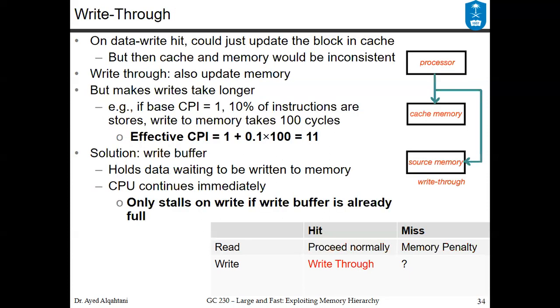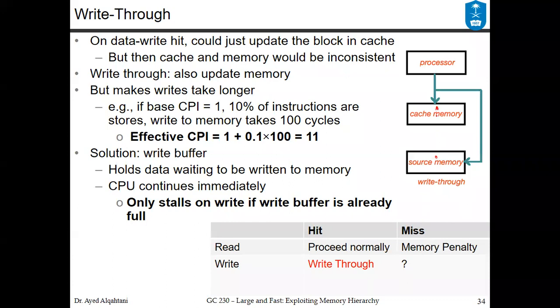Now, what happens when you have a write hit and a write miss? To understand this, here's the processor trying to access the cache. But this time, you want to write into the memory. If you write in the cache, you need to make sure whatever you write is also the same value in the main memory.